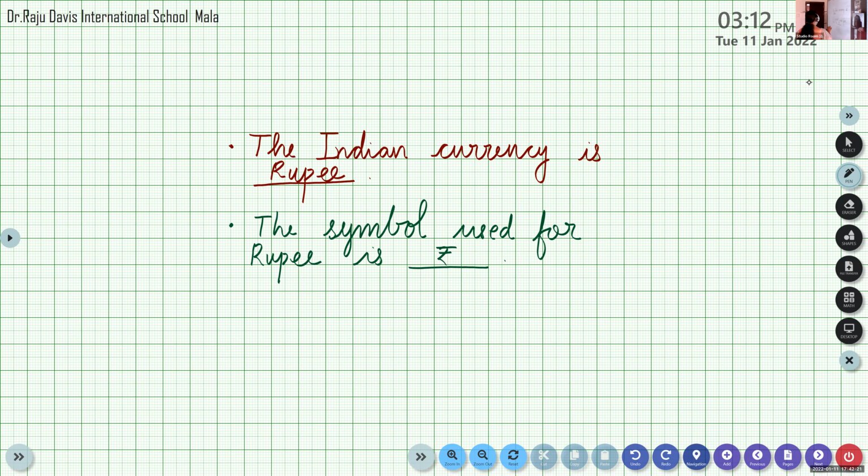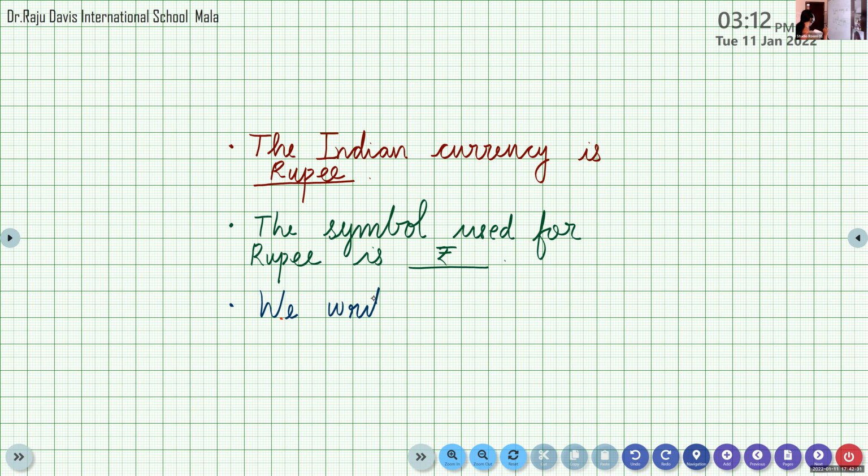The next point here we have. We write ₹1 as the symbol of rupee, then the number 1.